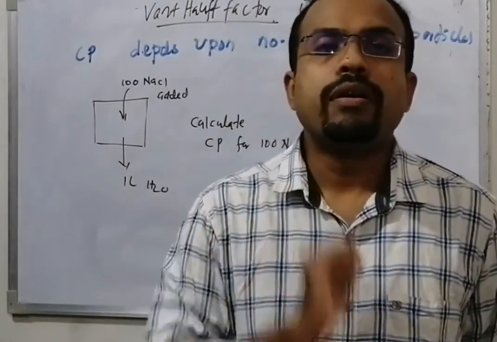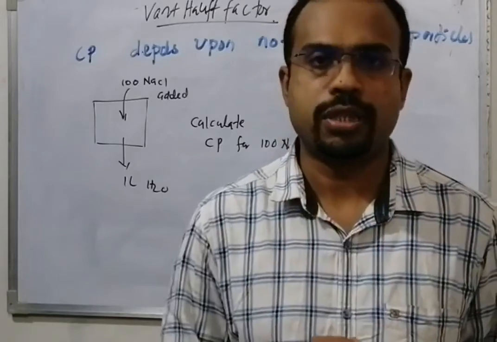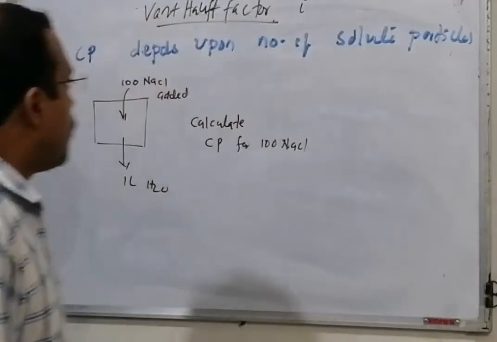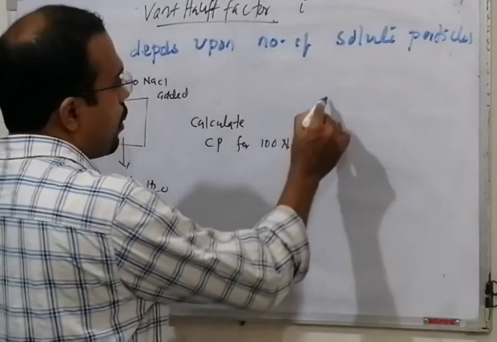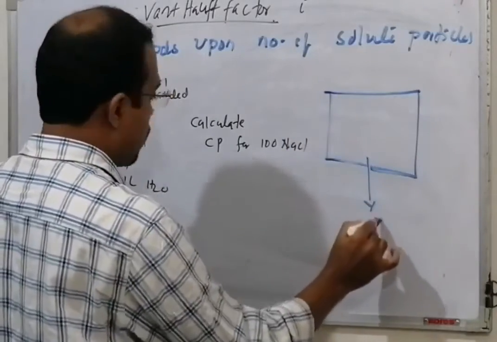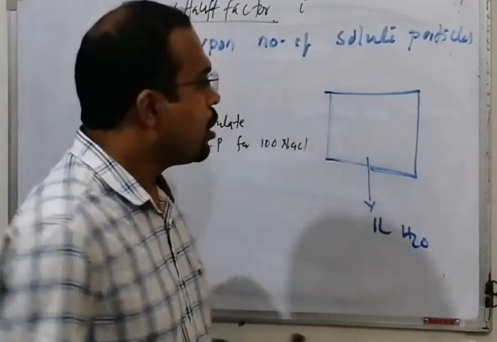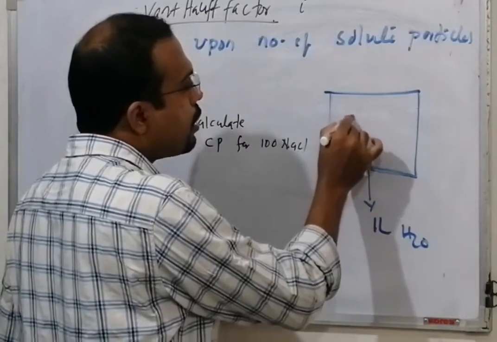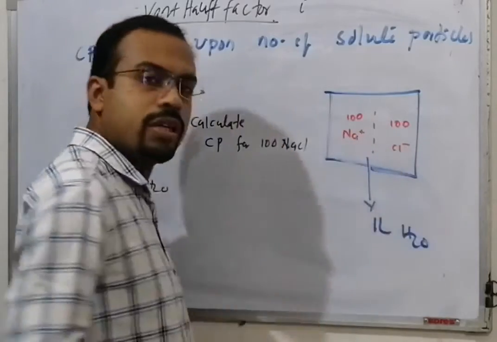A property that depends upon the number of particles. How many sodium chloride did I add? Only 100. But after reaching the 1 liter of water, what happened to the sodium chloride? The sodium chloride completely dissociated into 100 Na+ and 100 Cl- in the water.